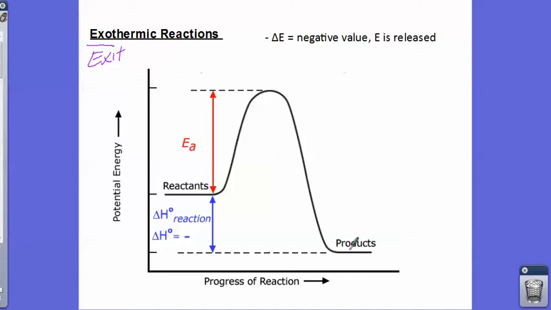Again, you can think of the analogy of riding the bike up the hill. If you get to the peak, this would be a really nice hill to go down because you would get more energy out than you put in. So you could go down the hill very quickly. So your delta H here is negative, indicating that the energy is being released.